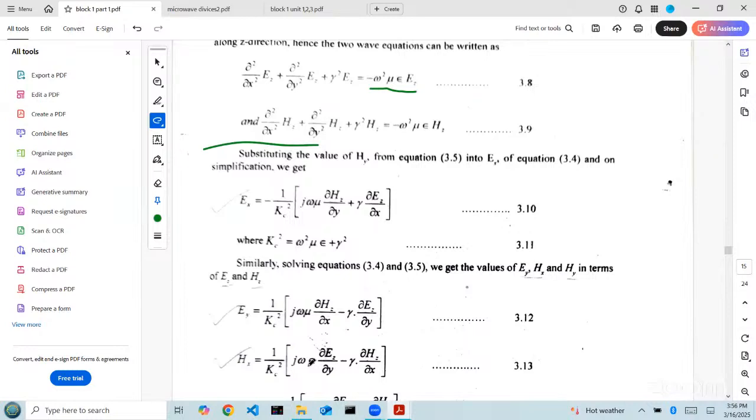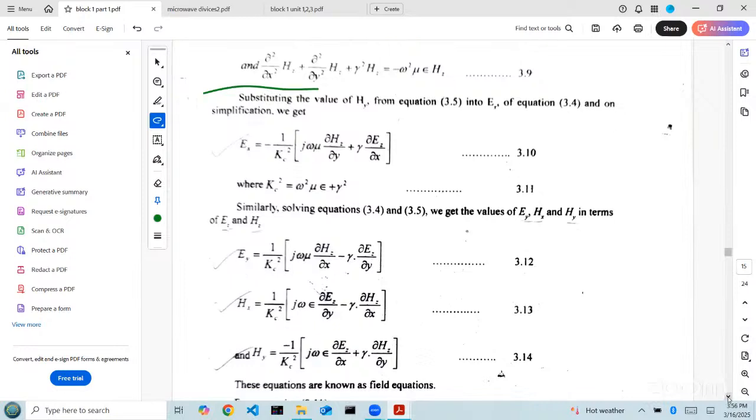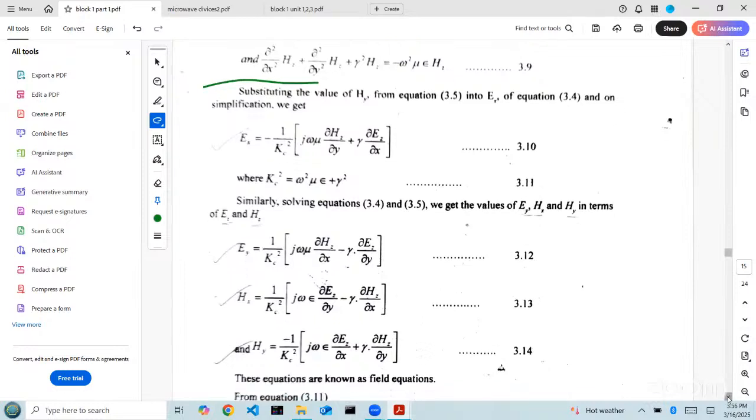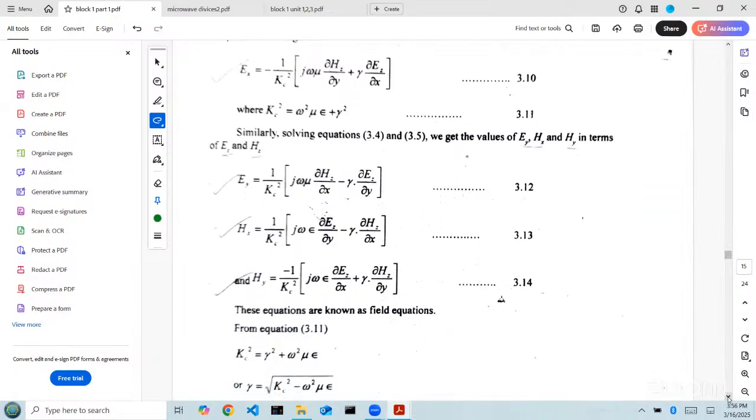What are the remaining equations here? We calculated Ex, Ey, next Hx, next Hz. These are the four equations, very, very, very important. You must calculate up to Hx, Hy. These equations are known as field equations.